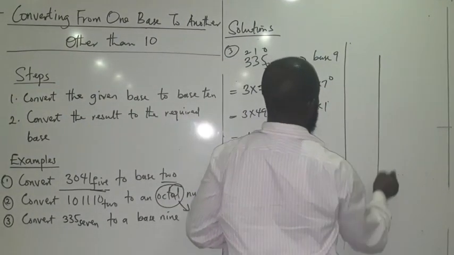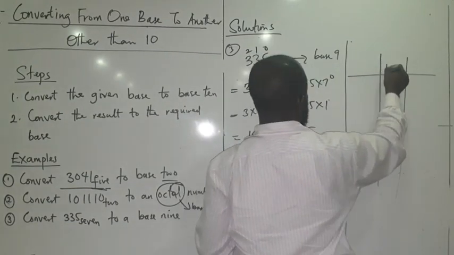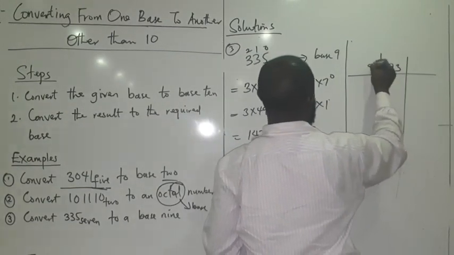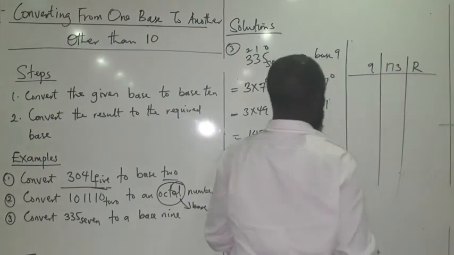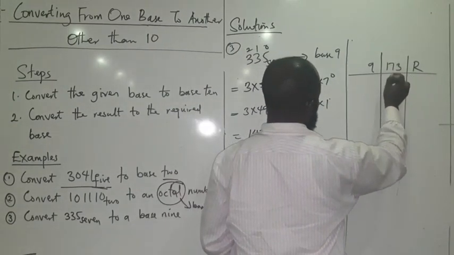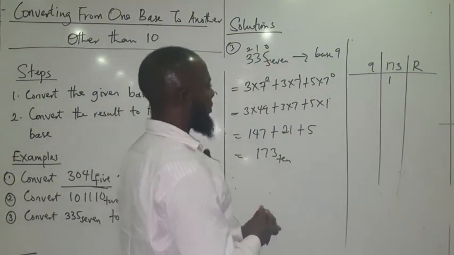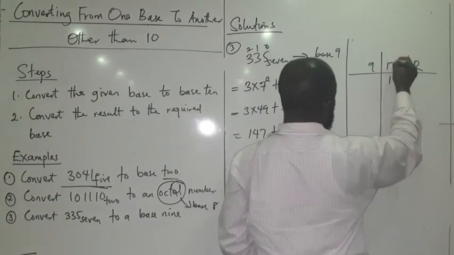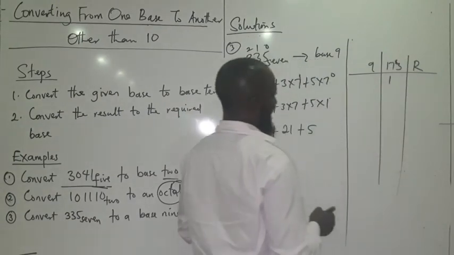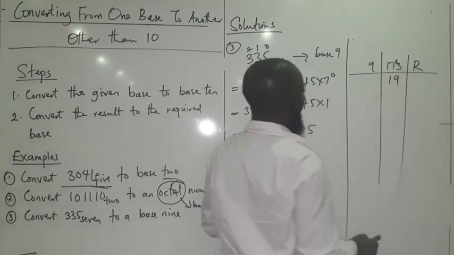We're going to use 9 to divide, and as we're dividing, we write down our remainder. We have 173 here. We use 9 to divide, we have our remainder here. 9 in 17 is 1, which is 9. So we have 8 left. 9 in 83 is 9, which is 81, remainder 2.